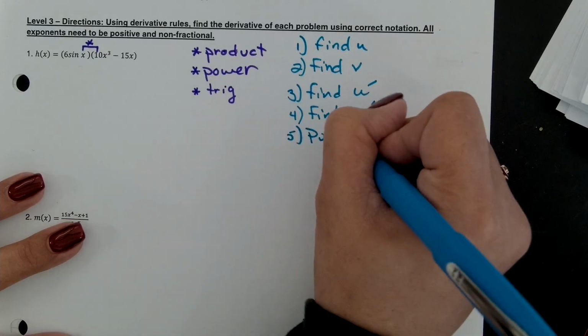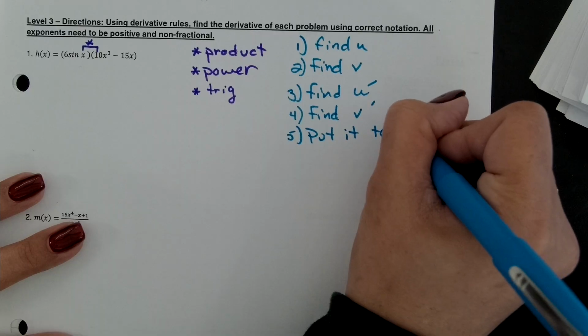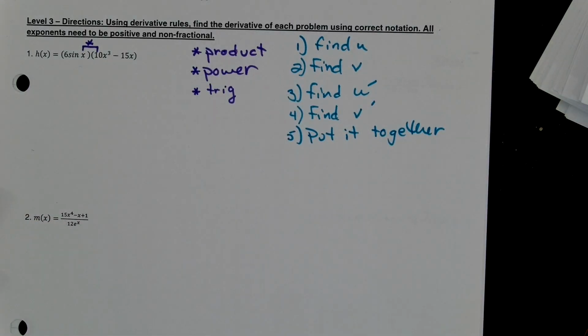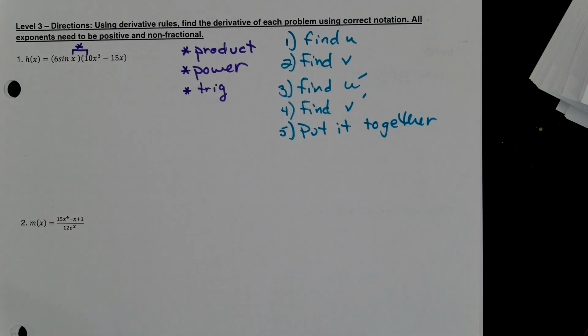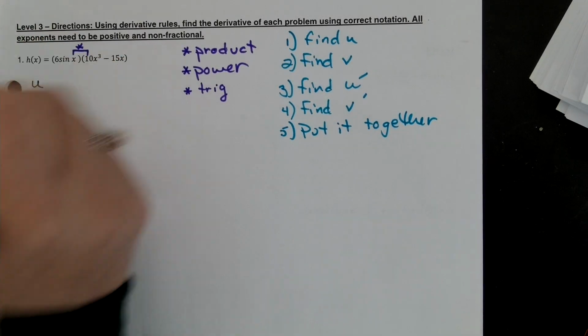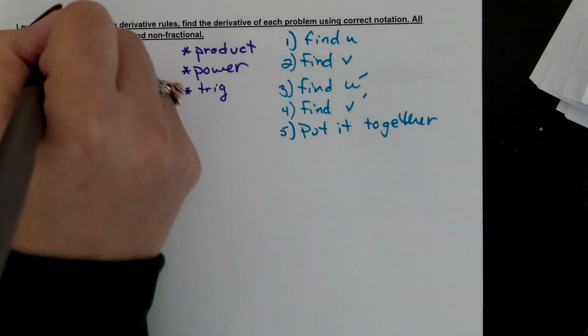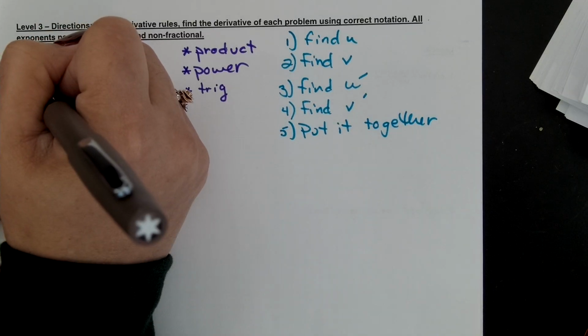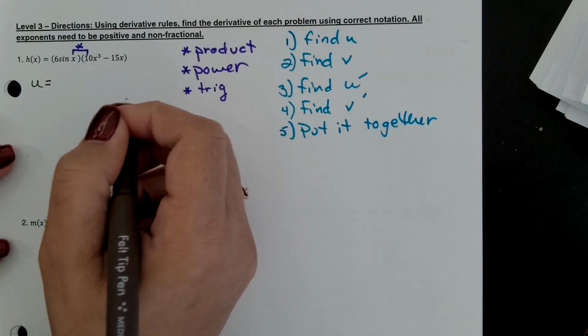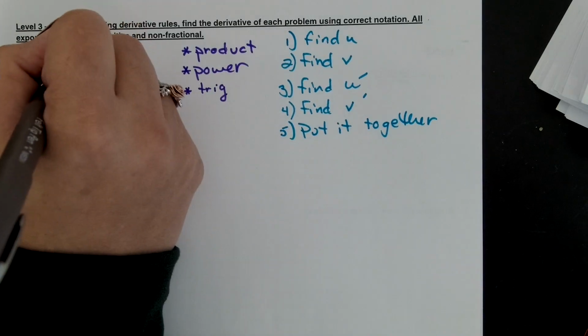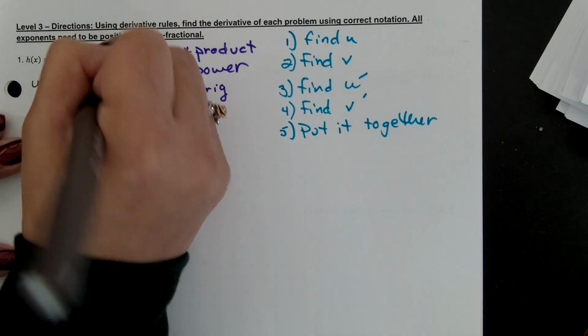Put it together. These are the same rules that we were using before break. So in this problem, what's U? Not just 6. Sine, 6 sine x.